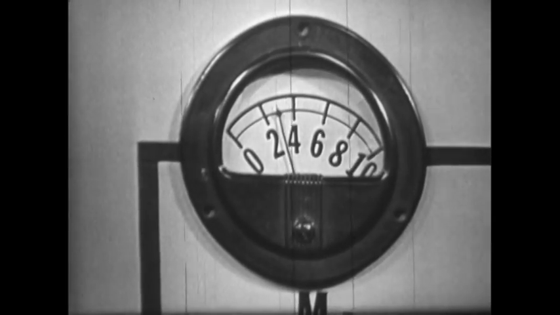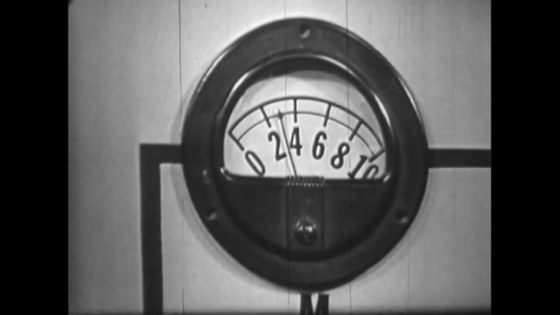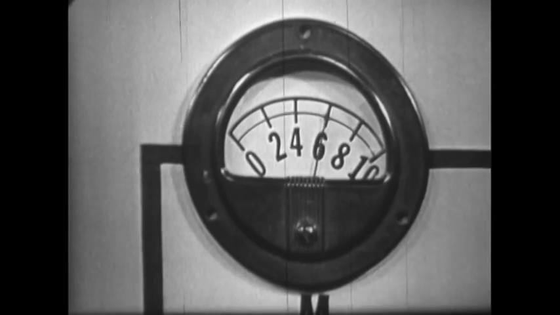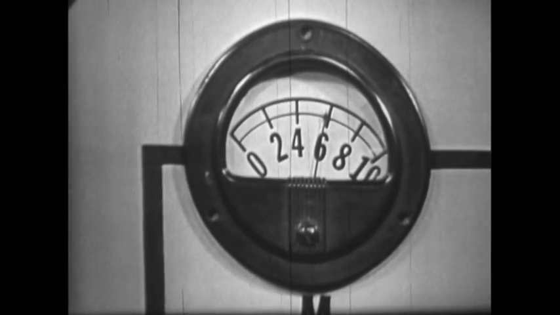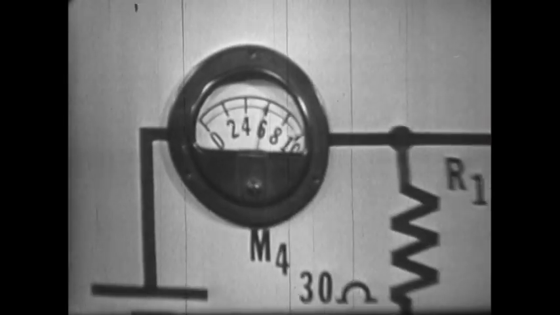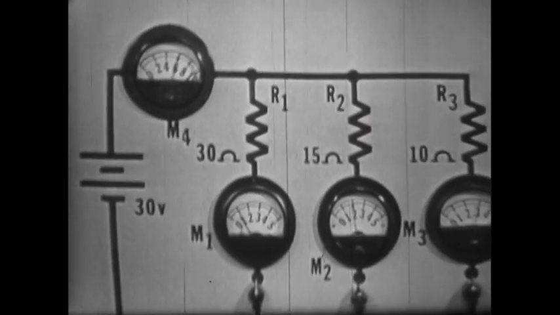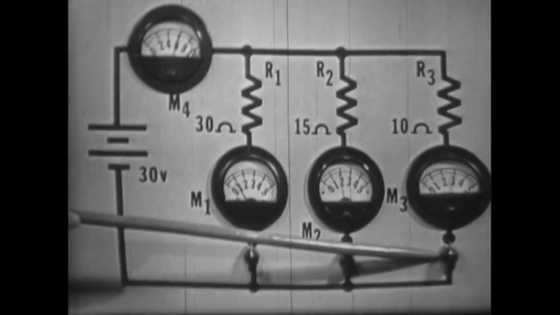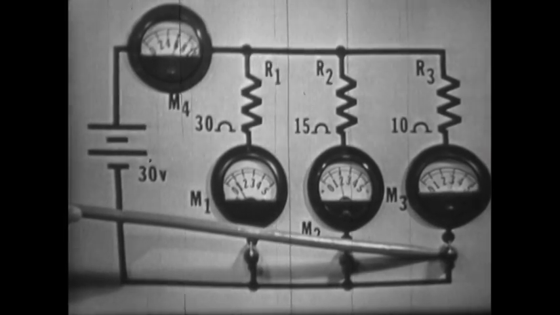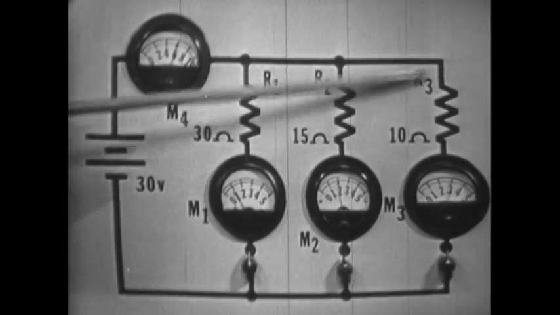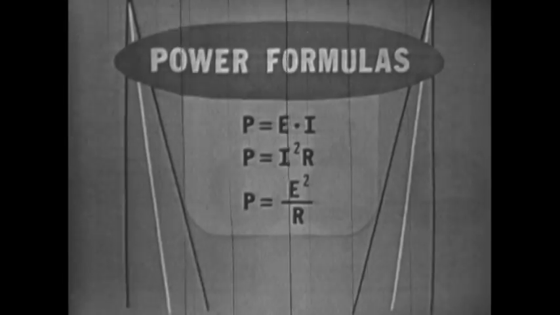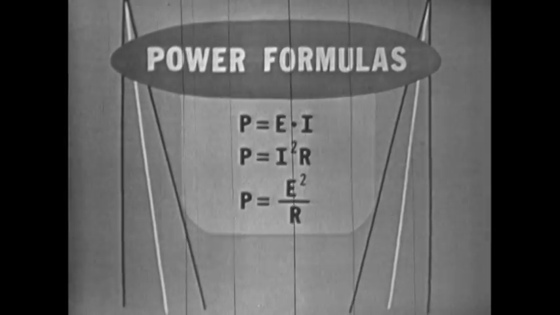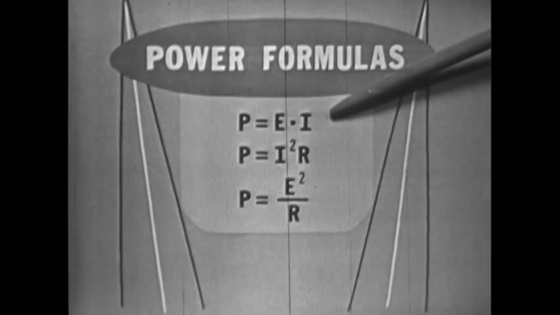Observe meter 4 once again, and let's add branch 3. Again, the reading on meter 4 has increased. With branch 3 now in the circuit, let's determine the power dissipated by this branch. This time, let's use the voltage times current formula.